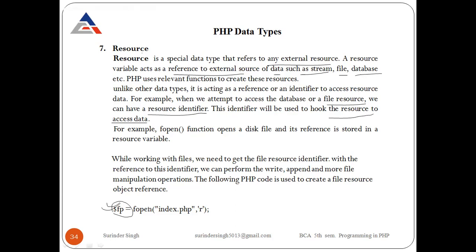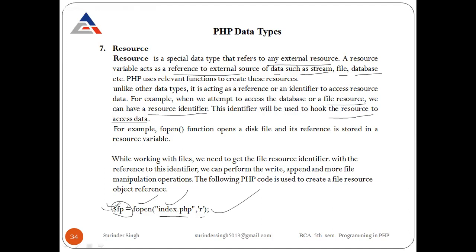Like for accessing resources, whether it is a database or any other external file, we have different functions. We have different functions for getting resources. Like in the example, here we have a function named fopen, a library function. It accepts two arguments. In the first, we pass the path of the file, like the name of the file index.php.